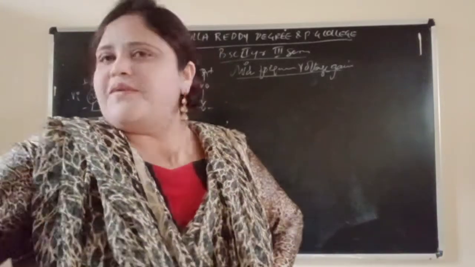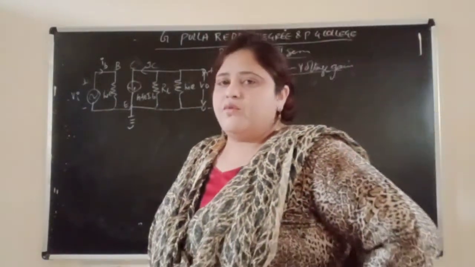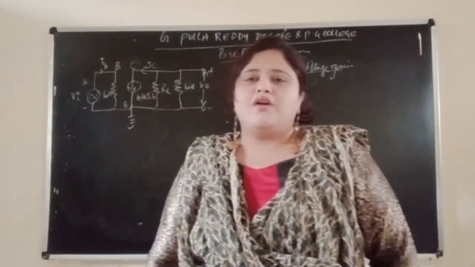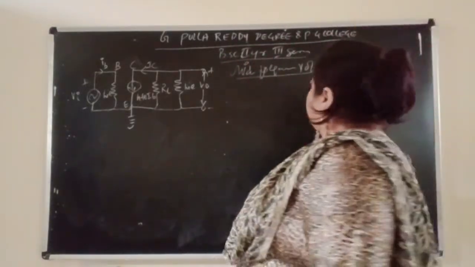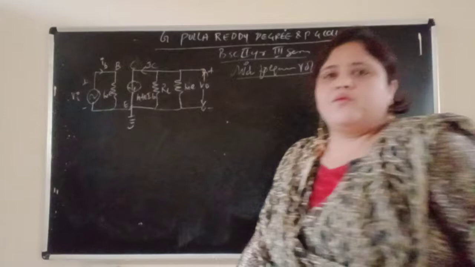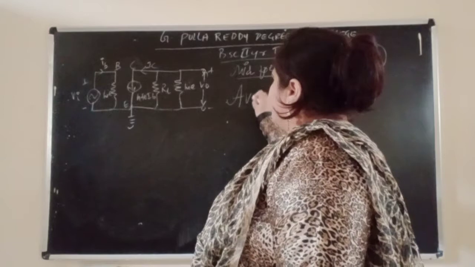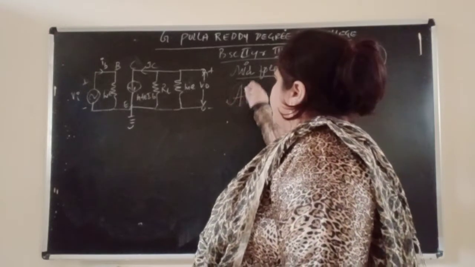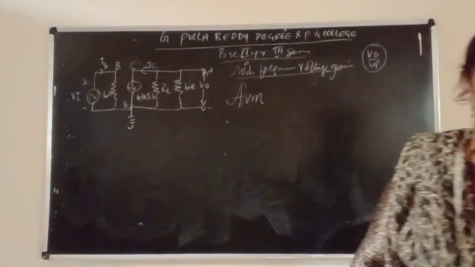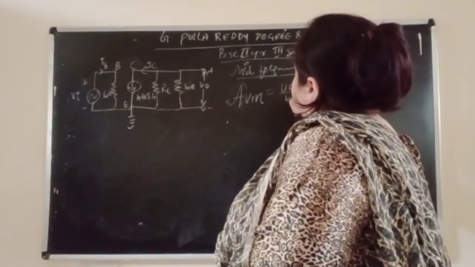Now we are calculating this gain in the mid frequency range, so you should write AVM, the voltage gain in the mid frequency range, equals output by input.